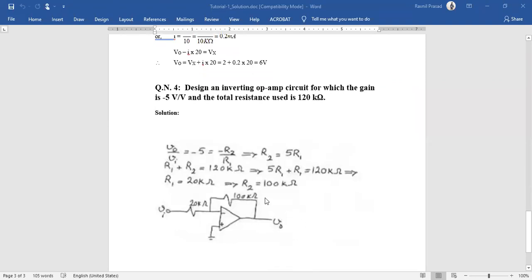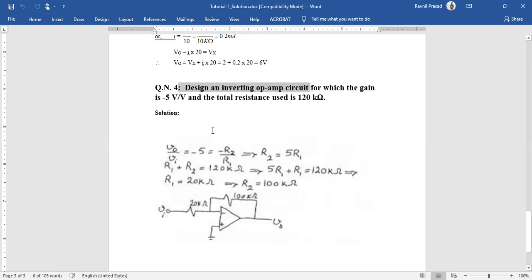So remember, once we have found our R1 and R2, that doesn't end here, because it says design an inverting op-amp circuit. So we need to draw the op-amp circuit as well, because this highlighted part indicates that we need to design the circuit, right?